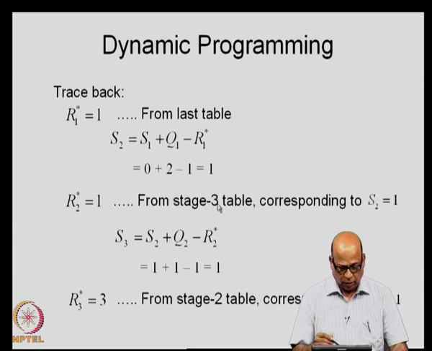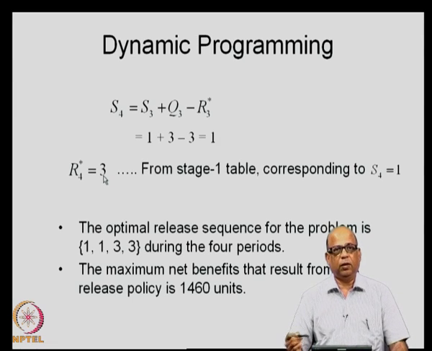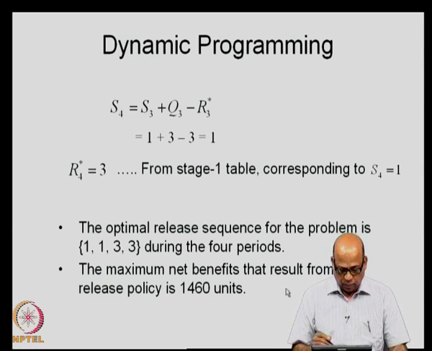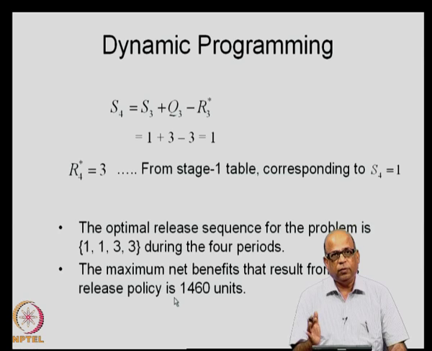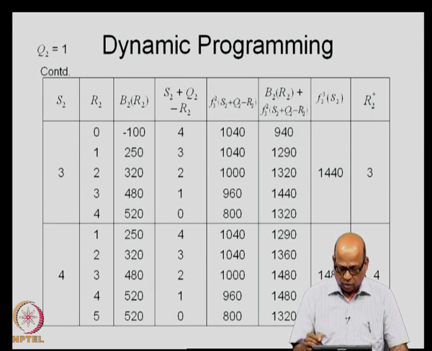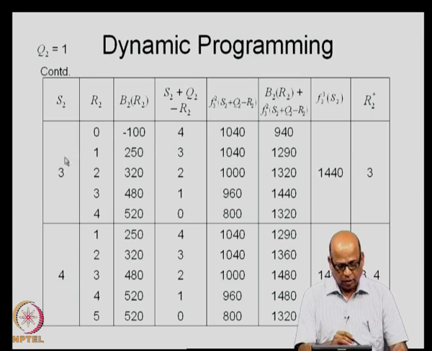This is the optimal sequence of releases. And the maximum net benefit resulting from this is 1460. This is the final objective function value. Remember, you should not add now at this stage 1460 plus what you got here corresponding to that particular S2 and so on.